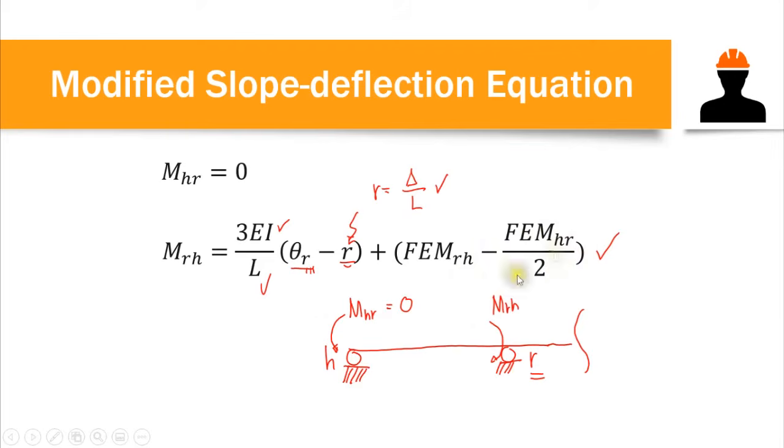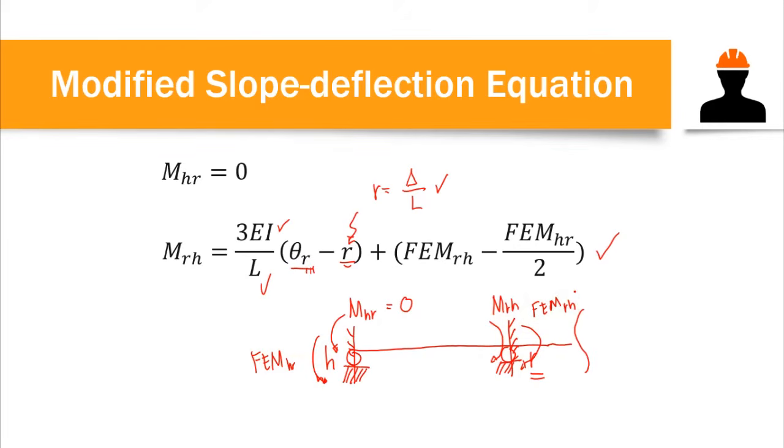So you have to familiarize these fixed end moment formulas, minus the fixed end moment on the HR side over 2. If you want to know which side is FEM_RH, you just need to create a restrained beam. On this side is the fixed end moment of HR, and on this side is the fixed end moment of RH.